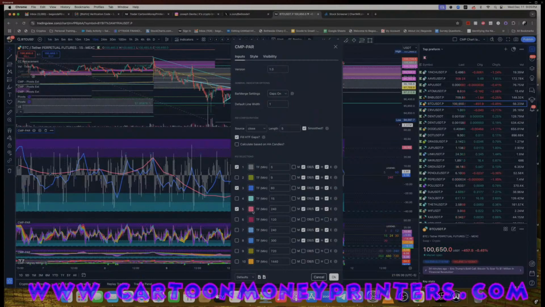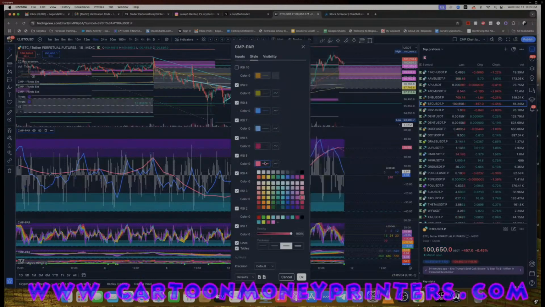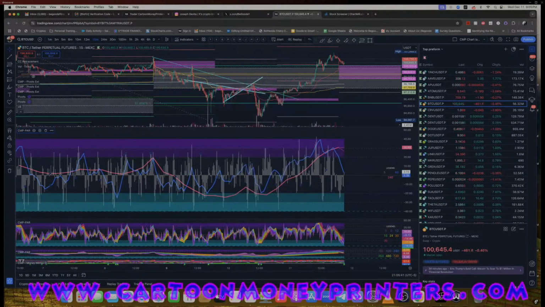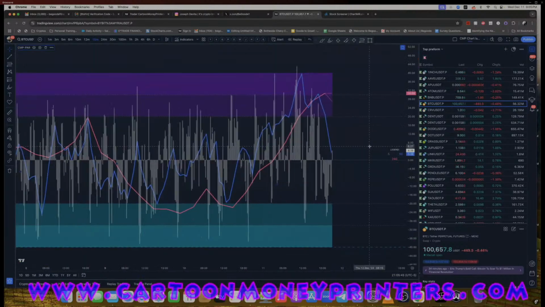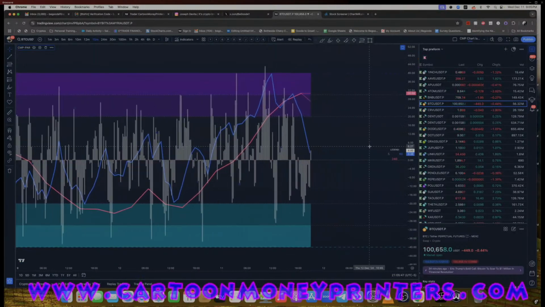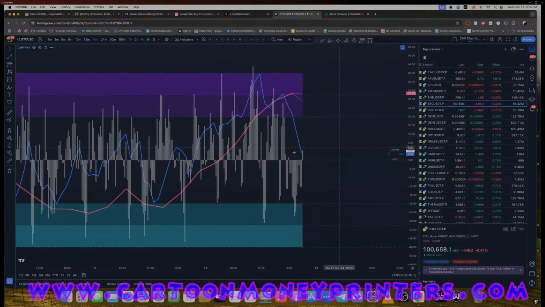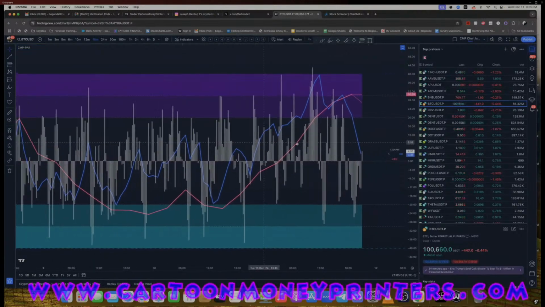For that, I got pink. And for style, it's the second from the top on the thickness. Okay? So here's what it looks like by itself. It's a little bit messy when it's zoomed out, but when you zoom in, it looks nice.